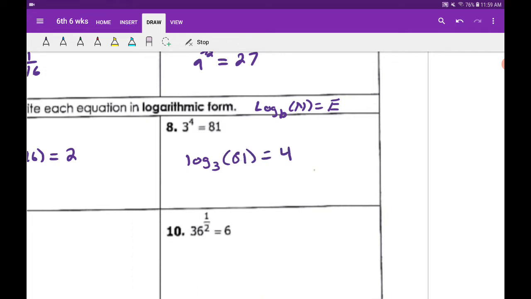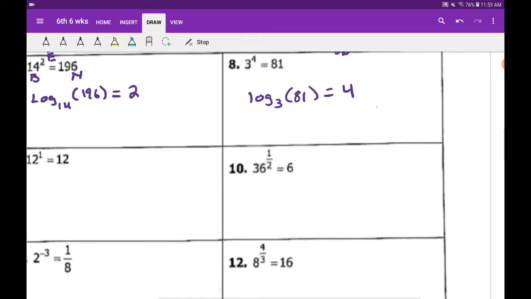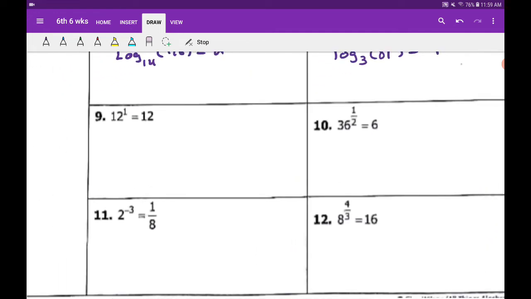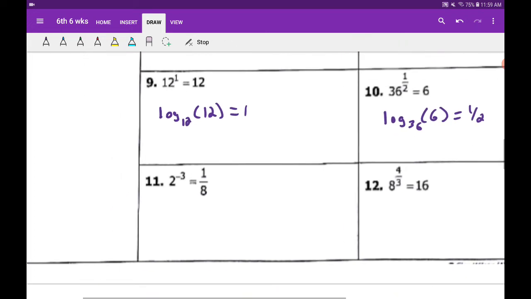So logs always equal the exponent there. All right, let's go on to this one. Log base 12 of 12 equals 1. We should know that 12 to the 1 power is just going to be 12, itself. Log base 36 of 6 equals 1/2. The square root of 36 is 6.